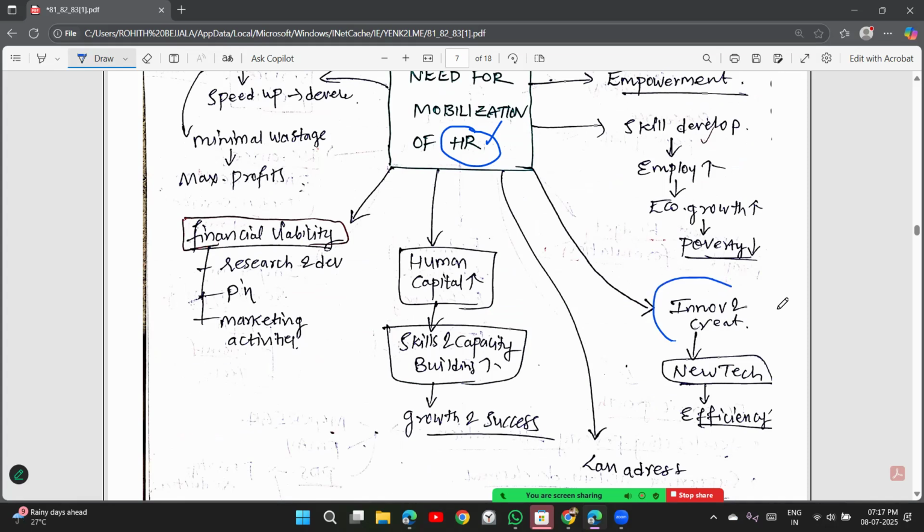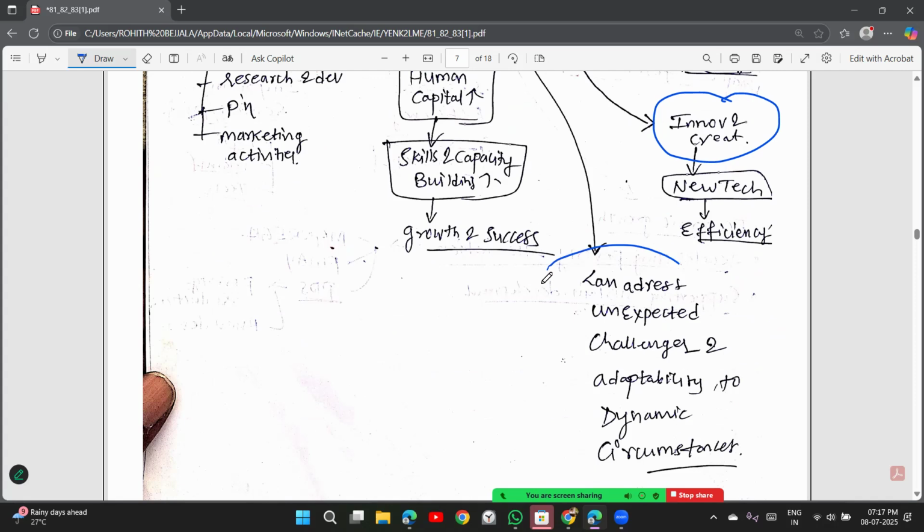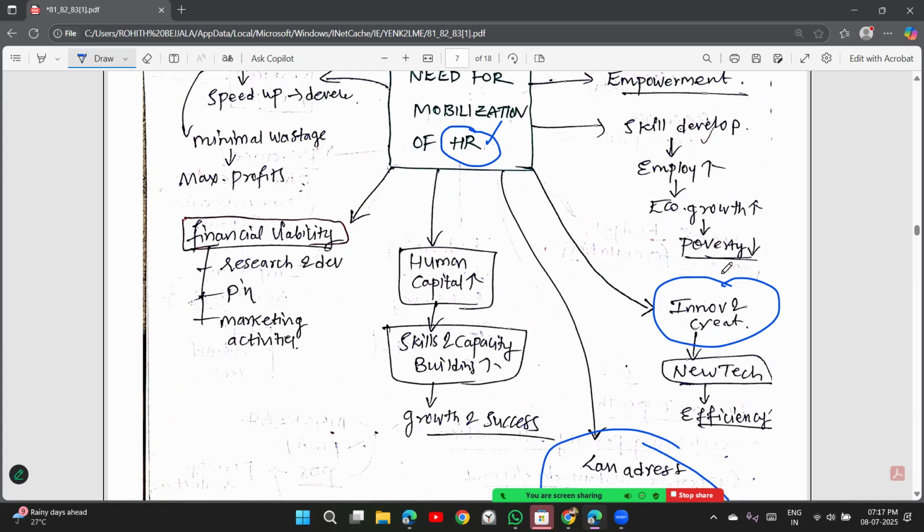And if we are able to utilize human resources well, then there is room for innovation and creation. So there will be a startup culture. If there is such a culture, then there will be efficiency. We can afford goods at cheap prices because more companies are producing them, and it can also adapt to unexpected challenges. For example, what is the need for mobilization of HR?